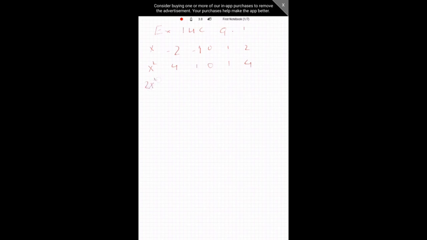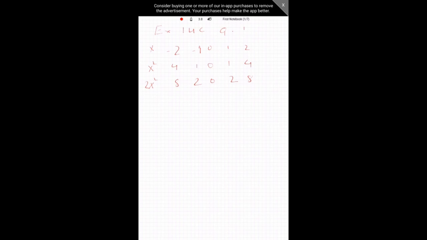For 2x square, it will be 4 multiplied by 2, 8, 1 multiplied by 2, 2, 0 and 2 and 8.